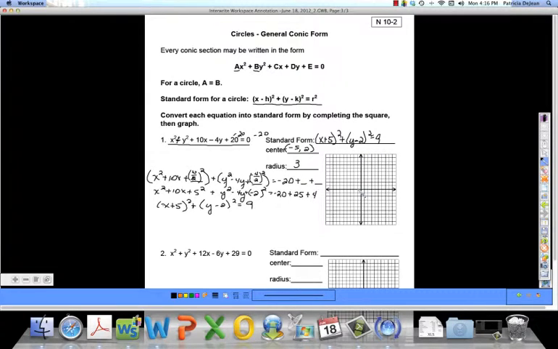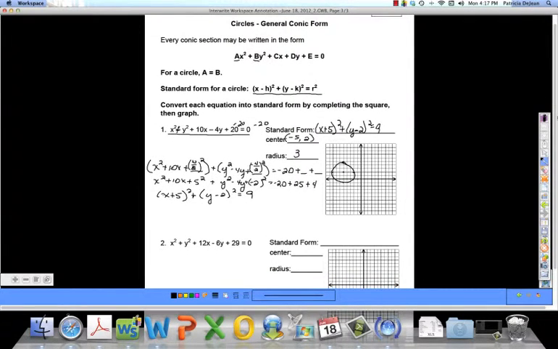So now we go to negative 5, 1, 2, 3, 4, 5, and up 2. And that's our center, and our radius is 3. So we go 3 in each direction away from the center. And there's our circle.